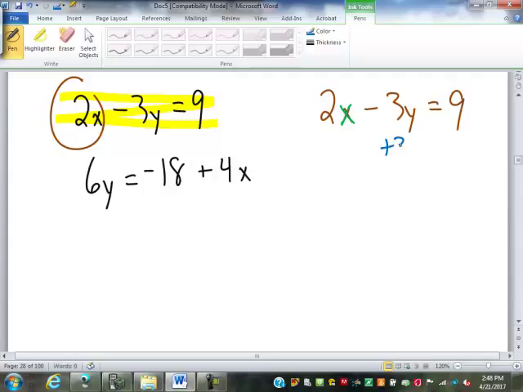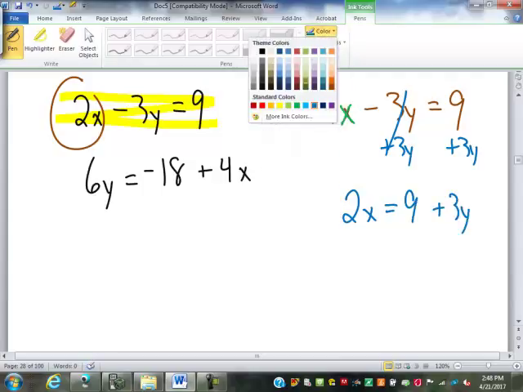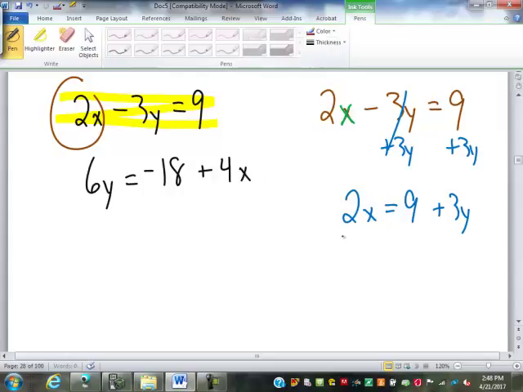Careful. There we go. It's a negative 3y, so we add 3y. So 2x equals 9 plus 3y. Then what? Divide by 2. So x equals, I'll help you along here, 9 divided by 2 is 4.5. Plus 3y divided by 2 is 1.5y.